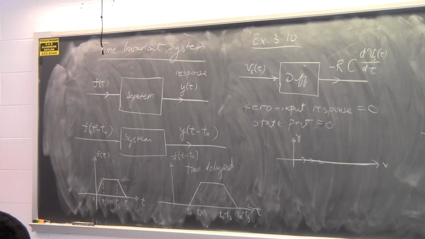If a cell phone works today but doesn't work tomorrow, you want to throw it away. You want a system to be time invariant. And if you combine the two, if the system has the property of linearity and also time invariance, then you call it a linear time invariant system, LTI.